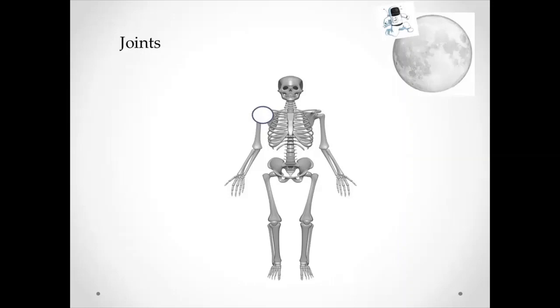These two bones are connected with one another. So at this point, we will call it a joint. Again, these two bones are connected with one another. So it is called a joint. Like this, all bones are connected with one another in our skeleton, and those connections are called joints.